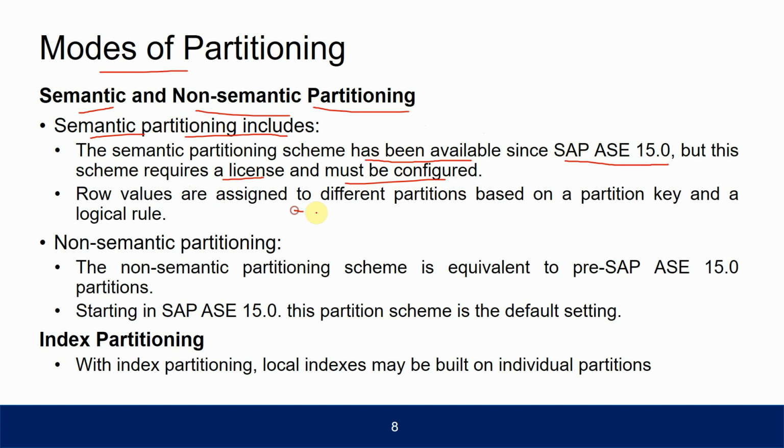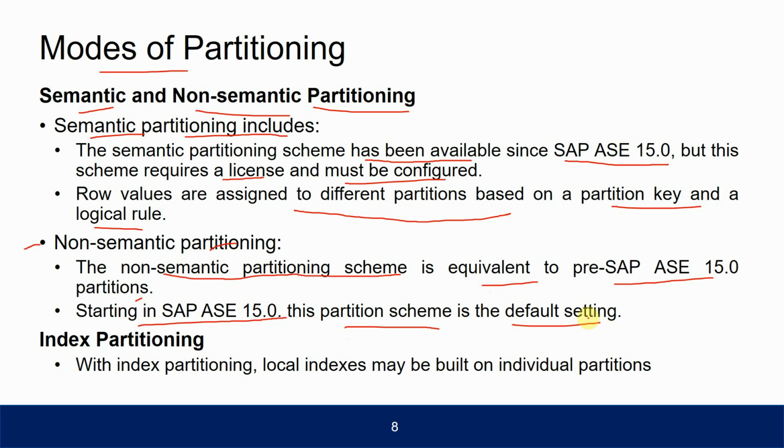Row values are assigned to different partitions based on partition key and a logical rule which you specify. Non-semantic partitioning. The non-semantic partitioning scheme is equivalent to pre-ASE 15 partitions, and starting Adaptive Server 15, this partitioning scheme is default setting. So these are two, semantic versus non-semantic, and then we have index partitioning.